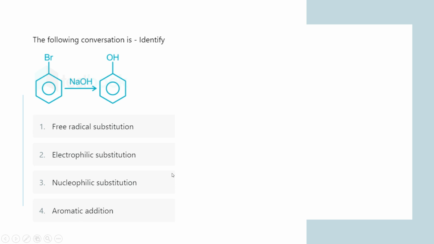Okay, definitely it is not free radical substitution because the reaction is not going through a free radical intermediate. Let us look at the reaction mechanism closely and try to understand what kind of reaction pathway it is following.